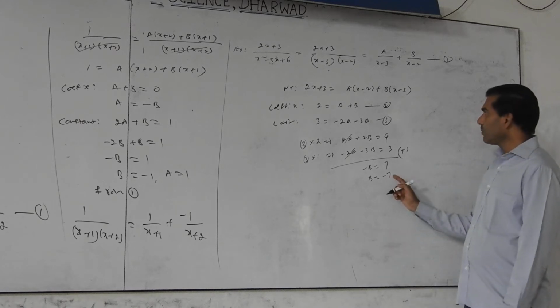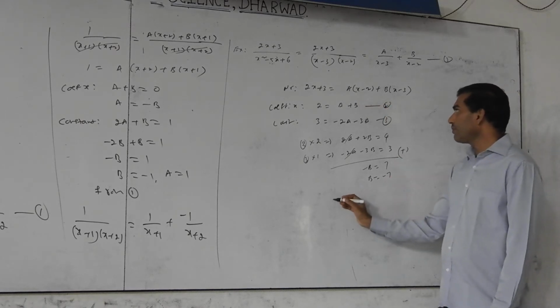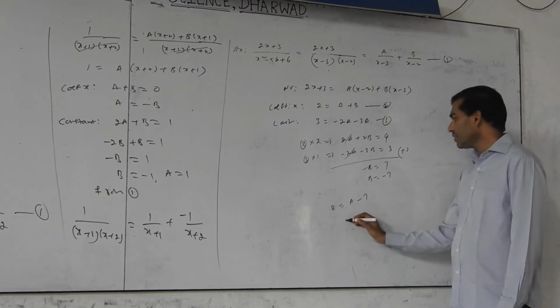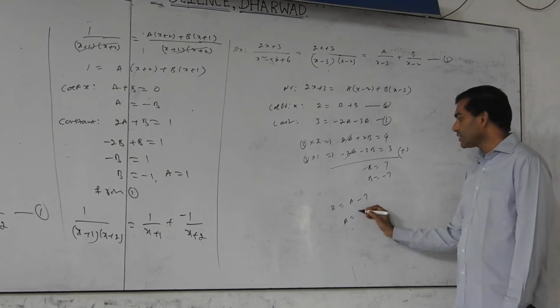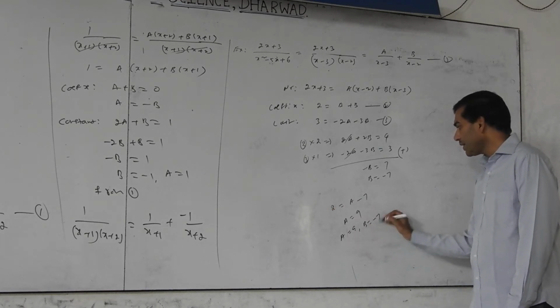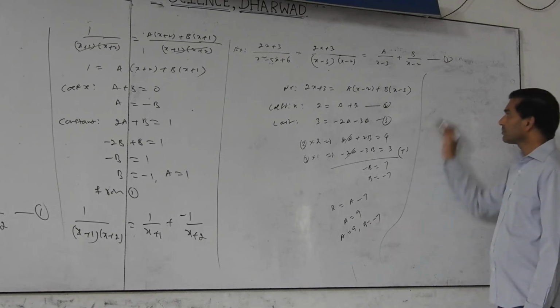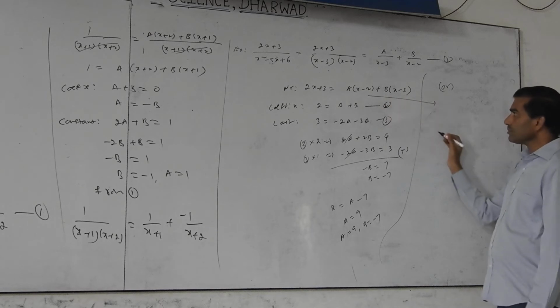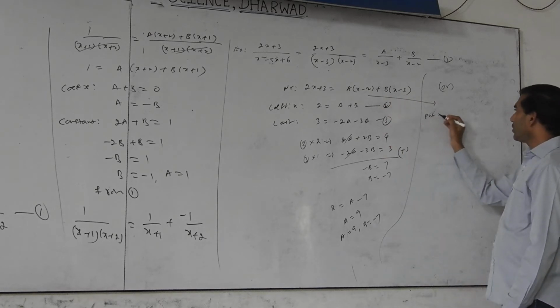If B = -7, substitute in the first equation: A + B = 2, so A = 2 + 7 = 9. So A = 9 and B = -7. Another method is to put x = 2.